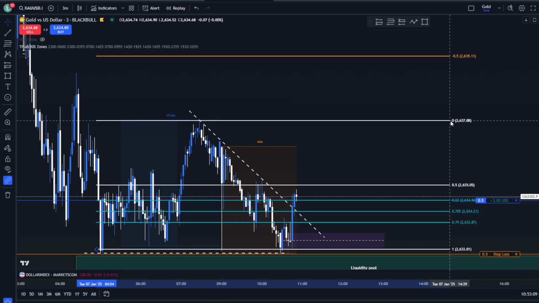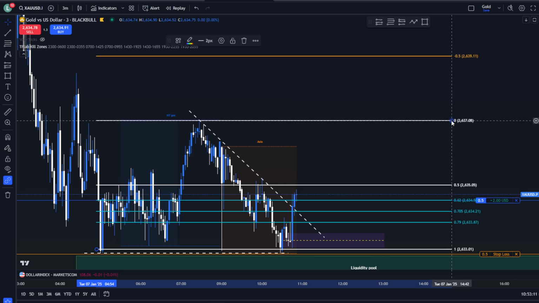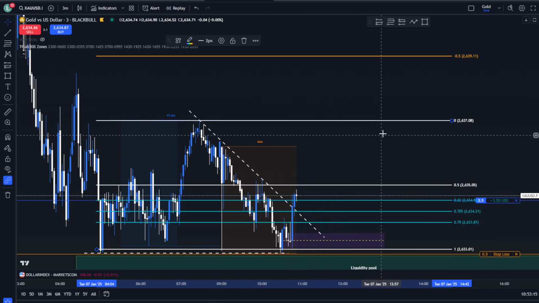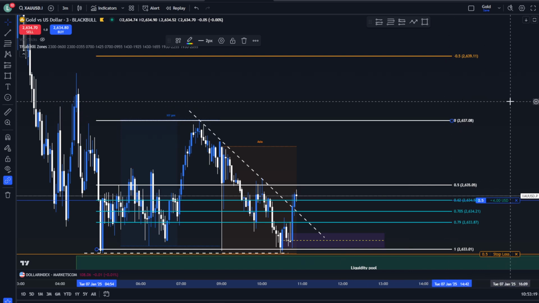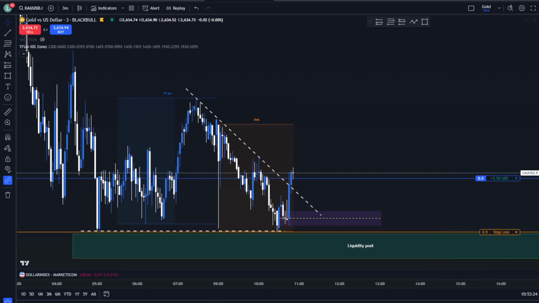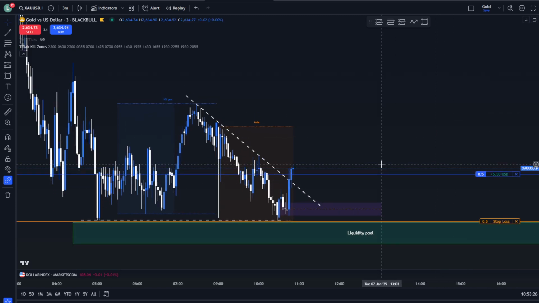And then even if after that partial take profit the trade doesn't work, we've turned this trade into a win. But yeah, we're still just going to hold and just watch to see how it plays out.